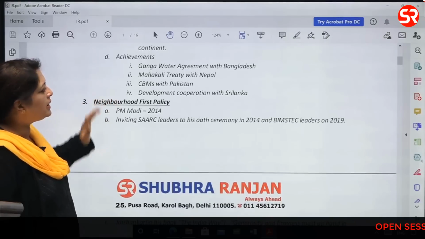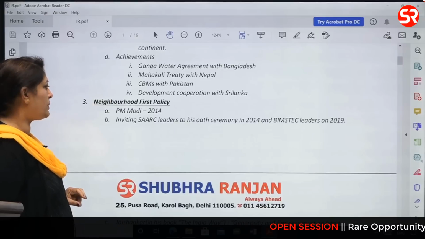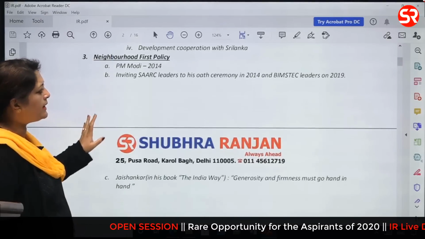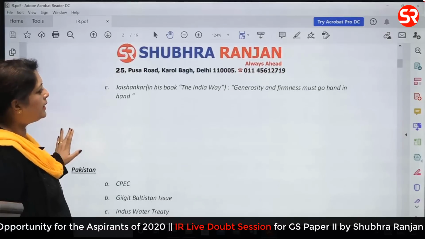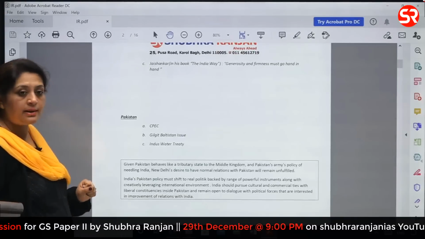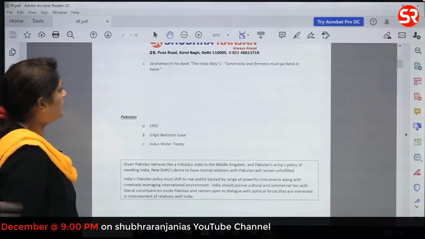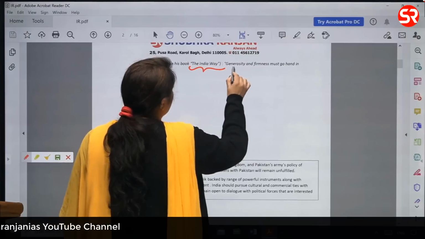The achievements are the Ganga Water Agreement, Mahakali, CBMs with Pakistan, the Neighborhood First policy, inviting SAARC leaders and then BIMSTEC leaders. And S. Jaishankar in his book The India Way mentions this policy.